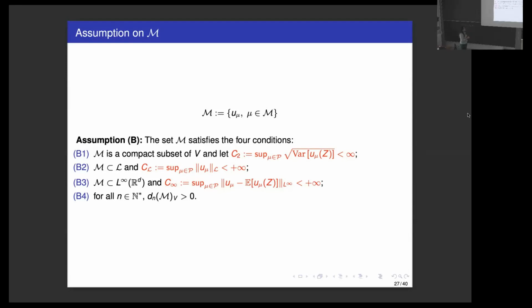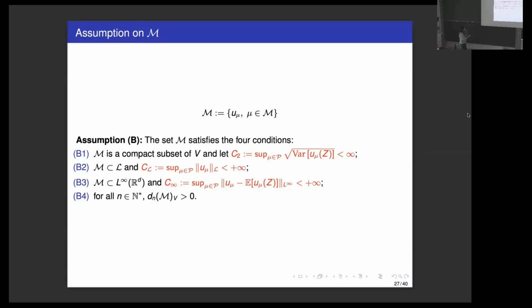So the needed assumptions are the following ones. You need M to be a compact subset of V. Remember, V is a set of functions that are L2 integrable with respect to nu, up to an additive constant, and I will denote by C2 this supremum here. We assume that M is a subset of L, and that the supremum over all parameter values mu of the Lipschitz constants of u mu is also finite, which will be denoted by CL.